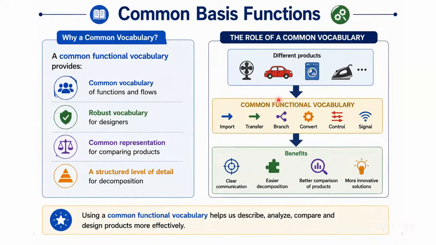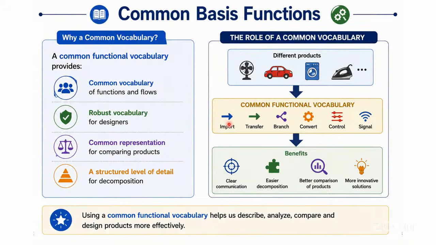So if you take any device or any design for that matter, you can explain it using common functional vocabularies. They are listed here. For example, you can explain them using import, transfer, branch, convert, control, or signal. So a common functional vocabulary provides some uniformity.